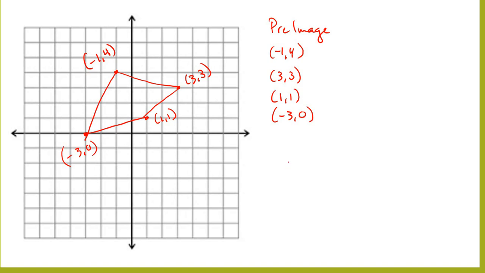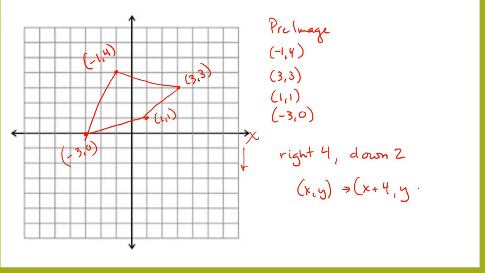And I want to translate this. I want to go to the right 4 and down 2. So using my rule, to the right on the x-axis is a positive direction. Down on the y-axis is a negative direction.